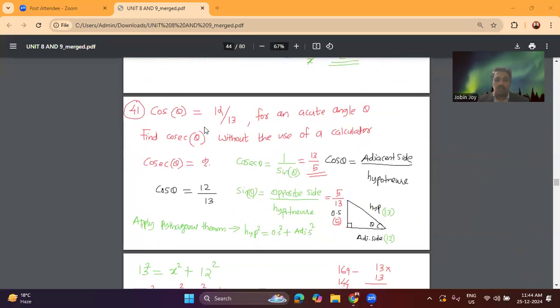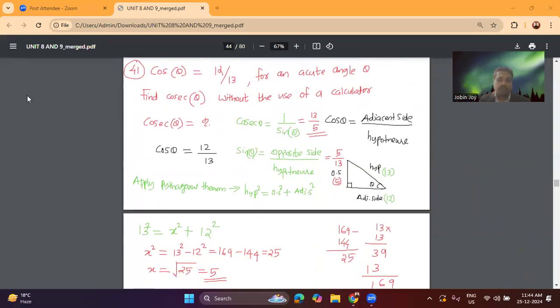Then next, cos theta is equal to 12 by 13 for an acute angle theta. That is given. You have to find cosec theta. Cosec theta is 1 by sine theta, and sine theta is equal to opposite side by hypotenuse.